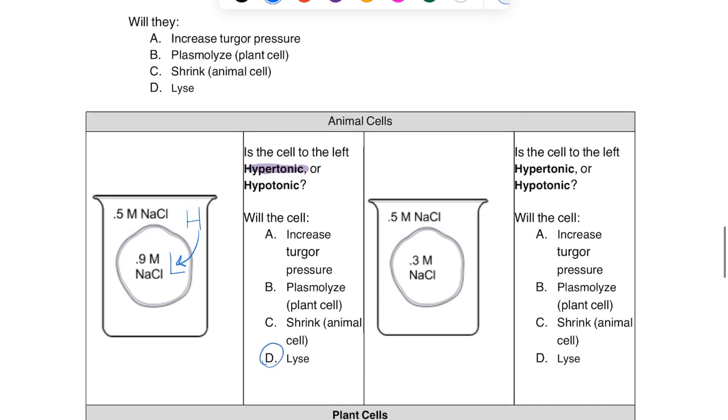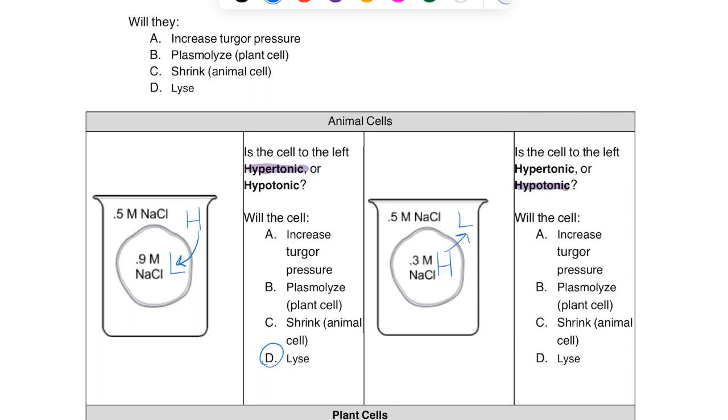Okay, for the second one, we can see that we have a higher concentration of the solute outside the cell than we do inside the cell. So the cell would be considered hypotonic. And now if we go through and label our water, because inside the cell has low solute, it's high water, and outside would be low water.